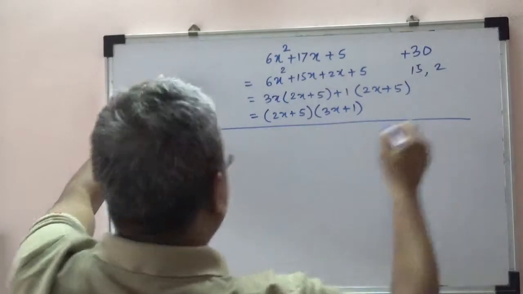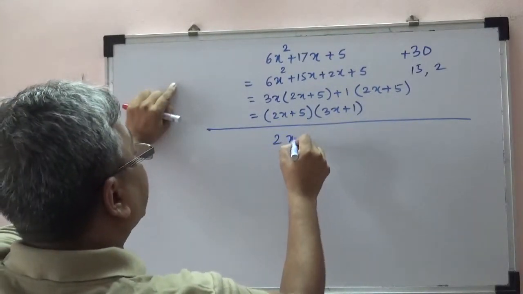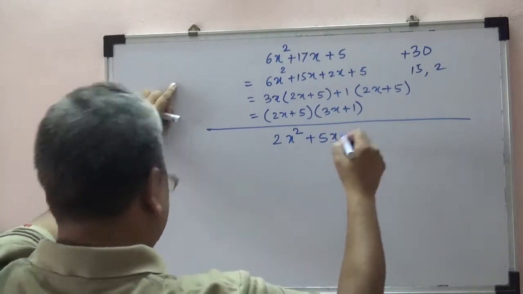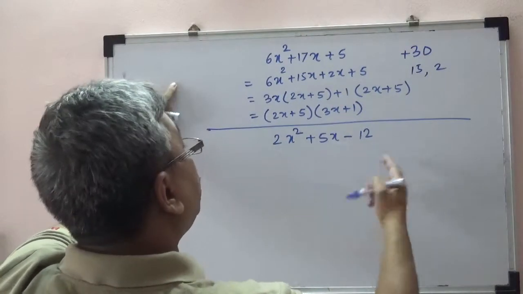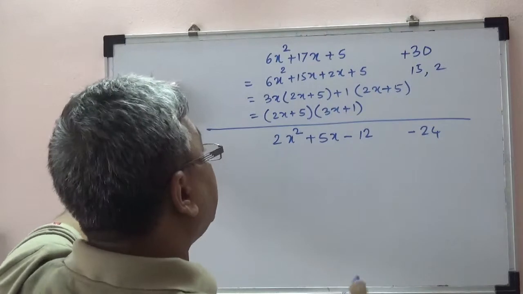Now let us take one more example and check whether we can really do it properly. 2x square plus 5x minus 12. Now what do we need to do? 12 into 2 is 24 with a negative sign.